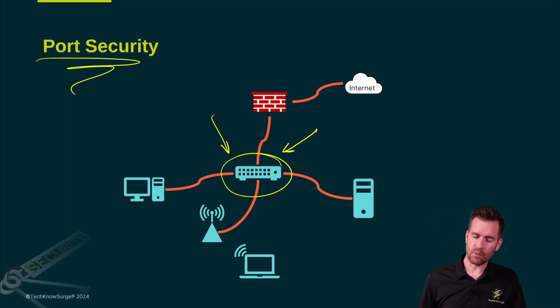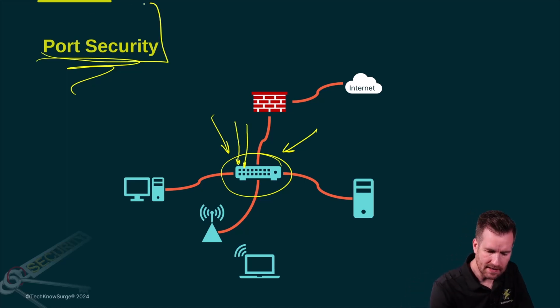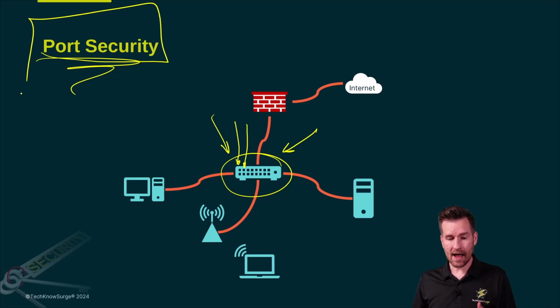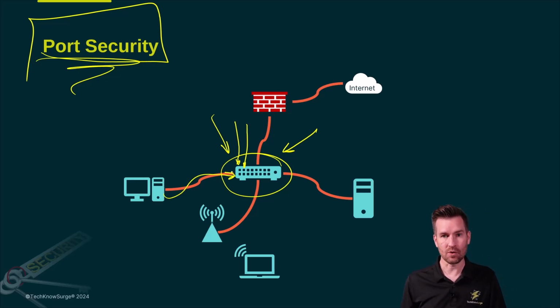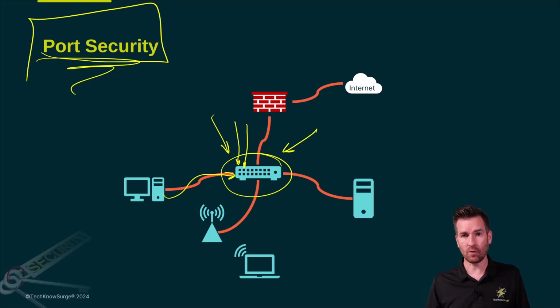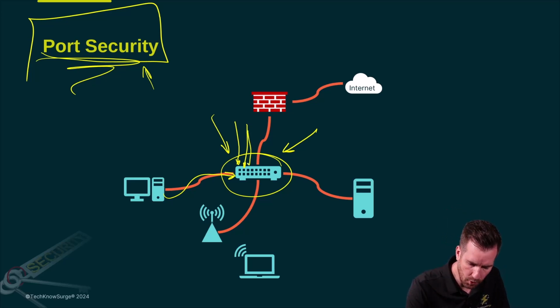So what we can do is, on a port by port basis, set up port security that will allow us to control who has access to that port and who can communicate across that port. And there are several methods that we can use to implement port security, but that's what it is: we are implementing security on a port by port basis for this switch.